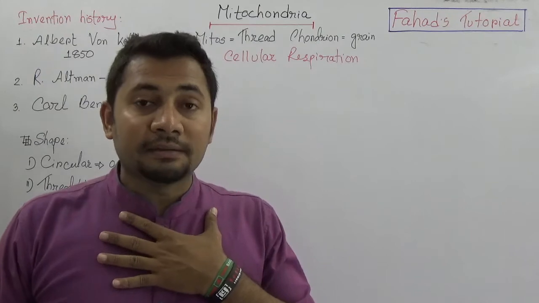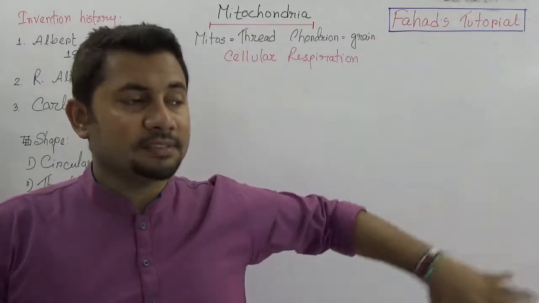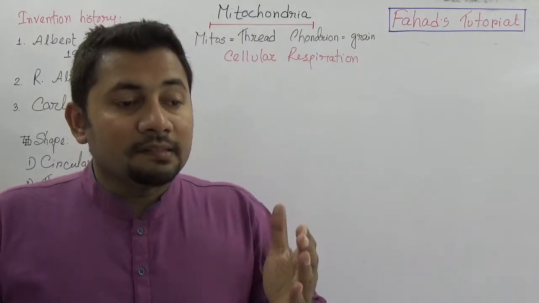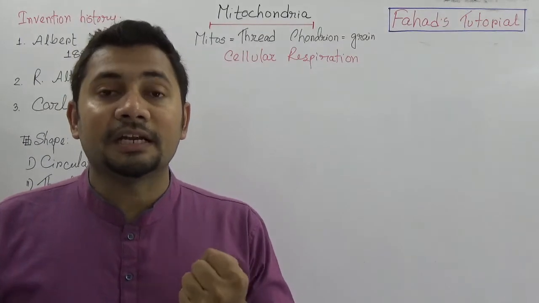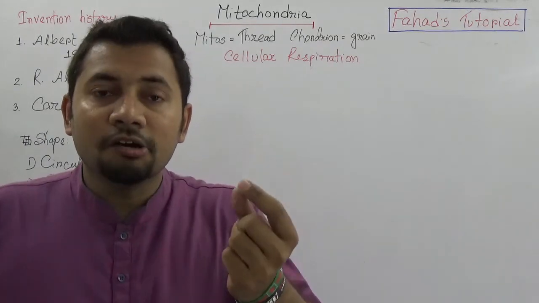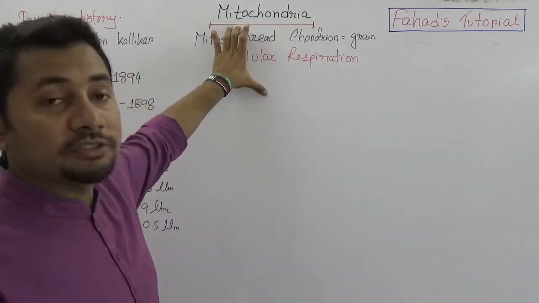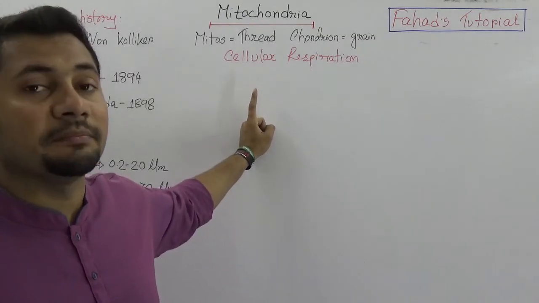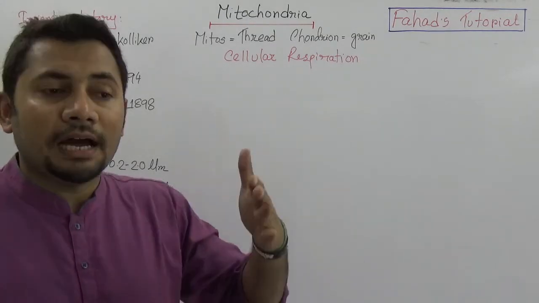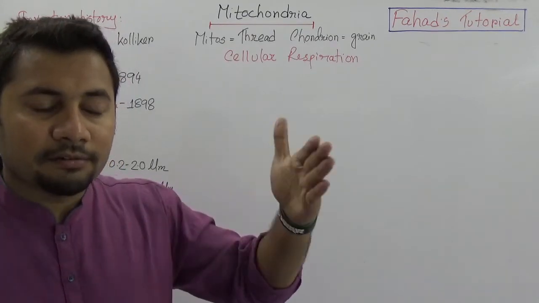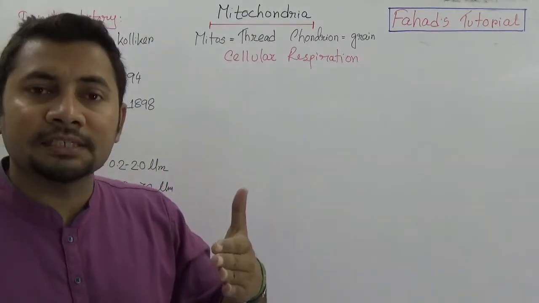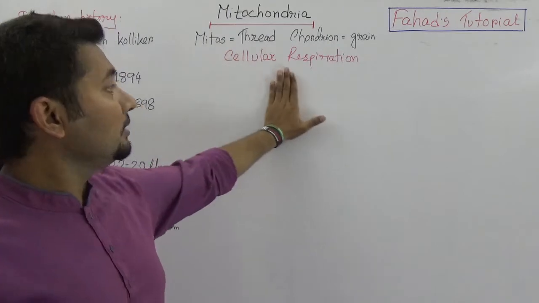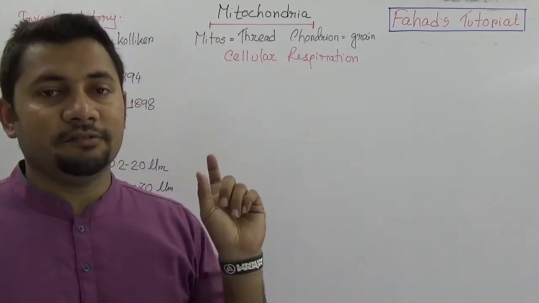We humans and loads of other animals around the planet are doing loads of activities, and these activities require energy, and that production of energy happens inside mitochondria. That's why understanding this organelle is very important, and how these biochemical reactions happen through enzymes and coenzymes here. So cellular respiration is the main function of mitochondria.